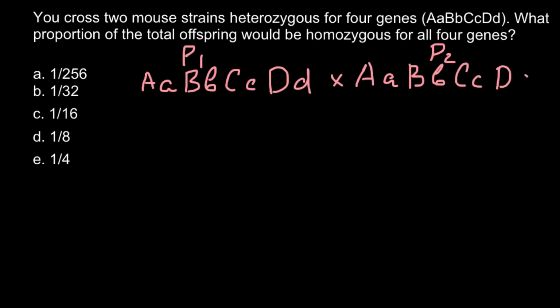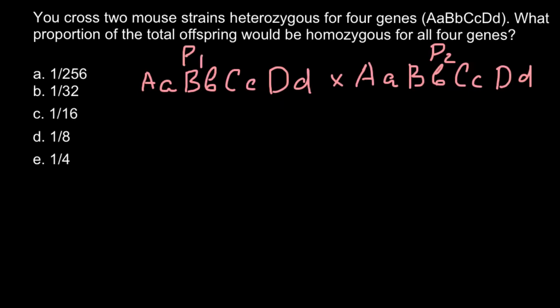And now we have to predict the probability that the offspring would be homozygous for all 4 allelic pairs. And how are we going to solve this problem? It is easy if we build a Punnett square.